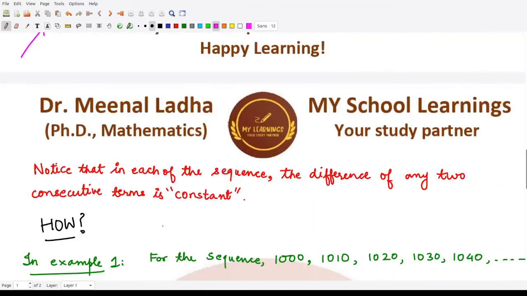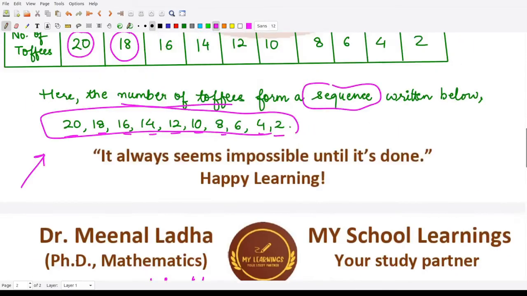You may have noticed that in each sequence the difference of any two consecutive terms, the terms lying back to back, is constant. How?